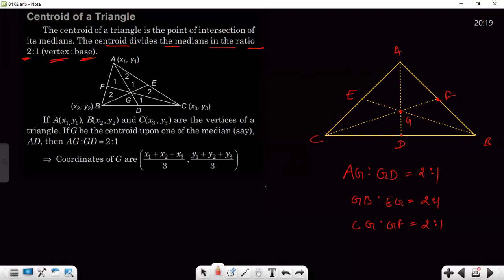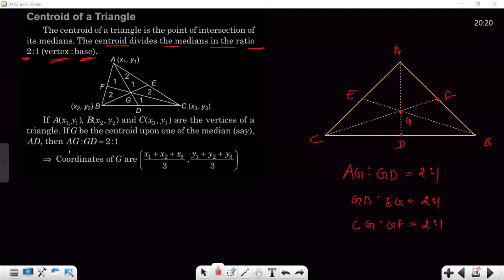So we have the formula for finding the centroid of a triangle, and that is very simple. You have to sum all the abscissas of the coordinates of the given vertices of the triangle. x1 plus x2 plus x3 divided by 3 will be the x coordinate of the centroid.